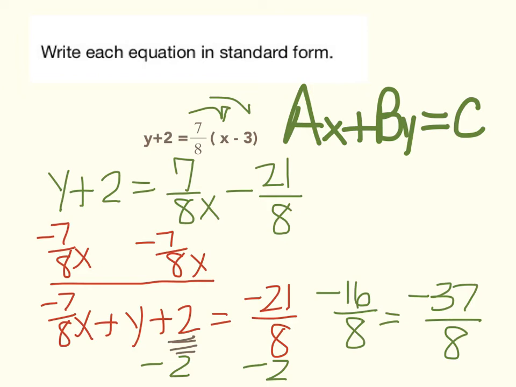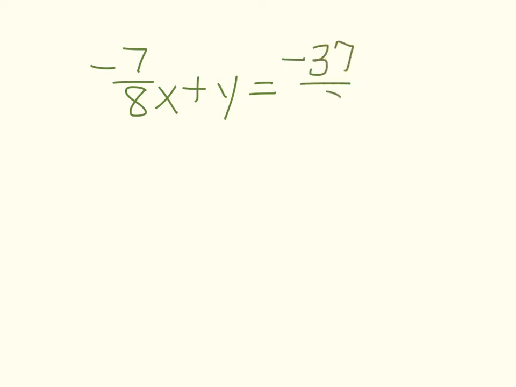All right, so I'm going to continue this on the next page. Negative 7/8 x plus y equals negative 37/8.